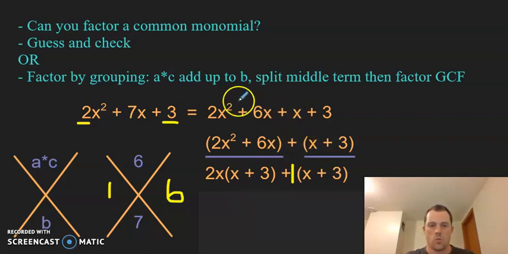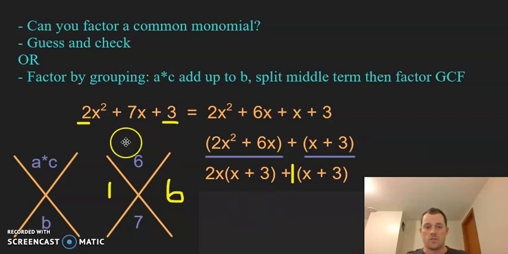Also, just to note, when you group these, don't forget to keep this plus here. A lot of people forget that, and then it ends up looking like you're multiplying these, which is something completely different. So again, we notice that inside the parentheses, we have the same binomial, which is good. That's what we need.